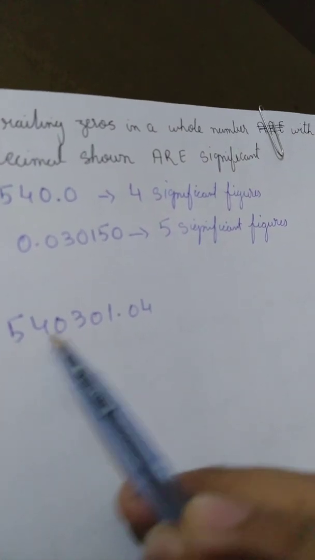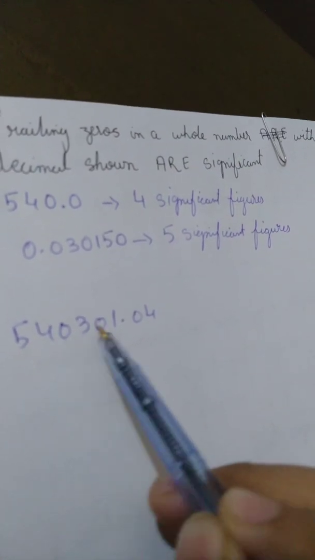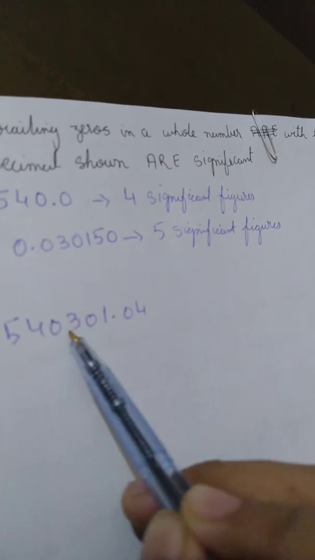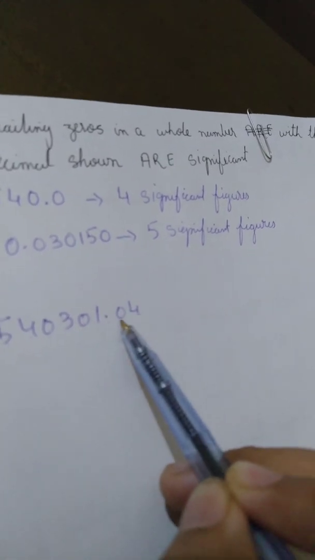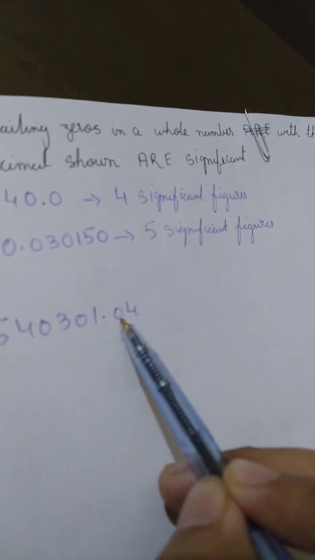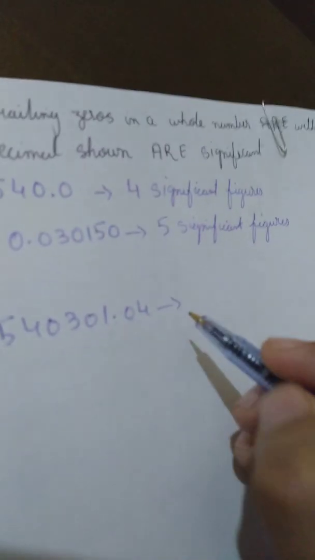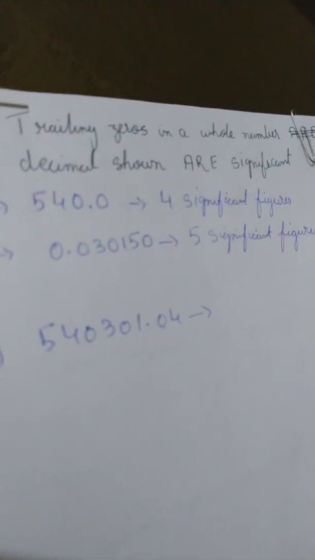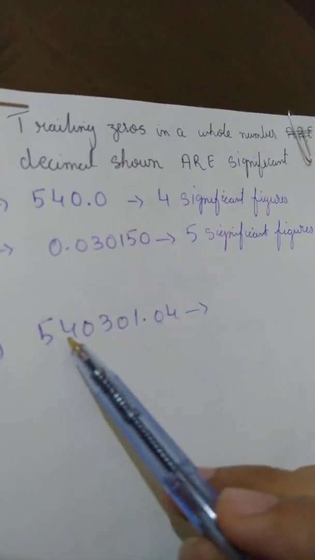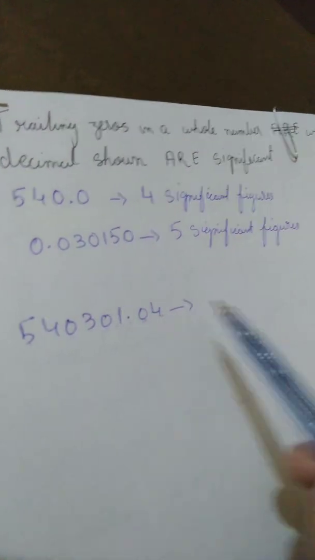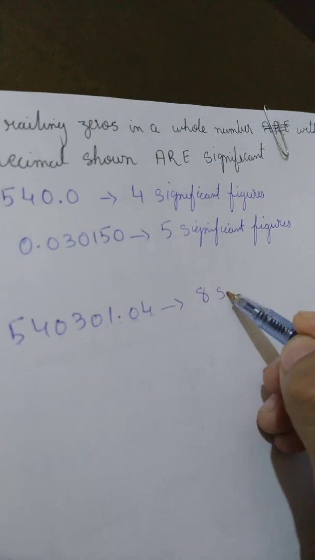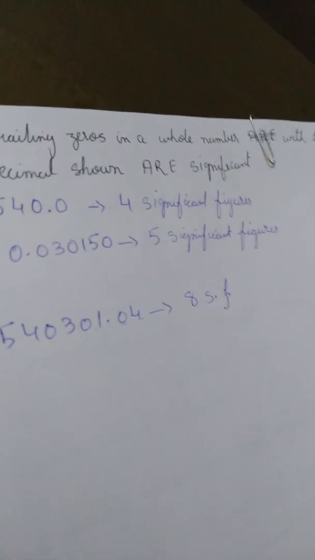This is a 0 between two non-zero numbers, significant because it is between 3 and 1. 0.04, this 0 is after a point and it's a trailing 0, so all these numbers are significant. So this number has 1, 2, 3, 4, 5, 6, 7, 8 significant figures.